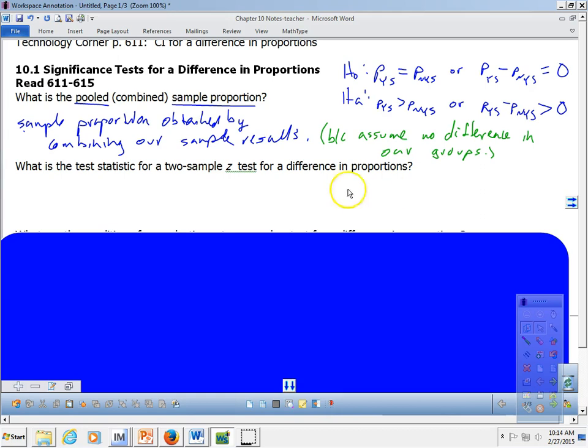And so, how does this pooled proportion affect our test statistic? Well, it affects it in the form of our standard deviation of our sampling distribution calculation, right?